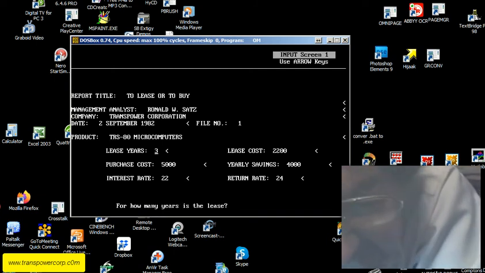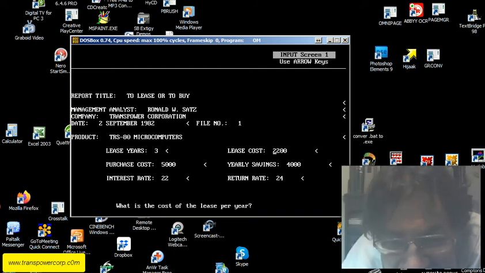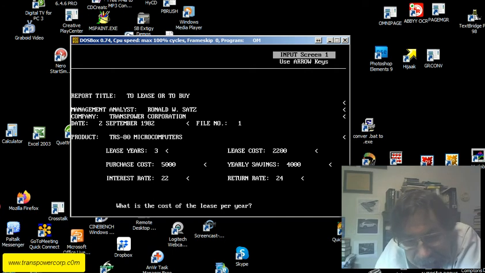Anyway, lease years is 3. Lease cost per year is $2,200. Purchase price is $5,000. Yeah, this is back in 82. Yearly savings $4,000. Because, back in those days, in the 80s and 90s, we were automating companies. It was pretty amazing work.